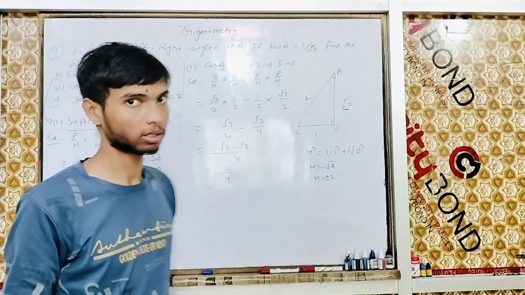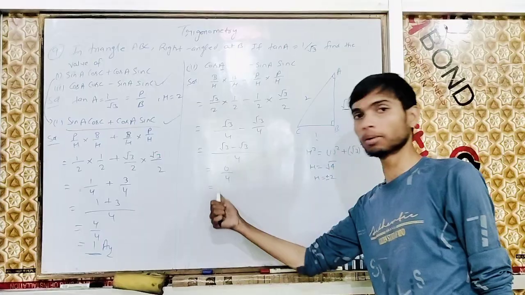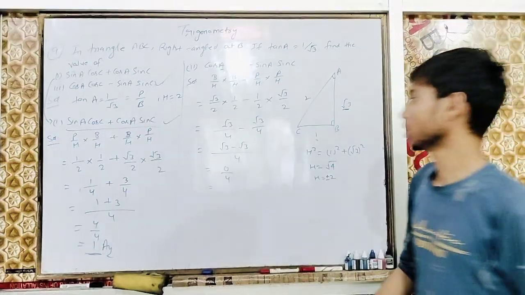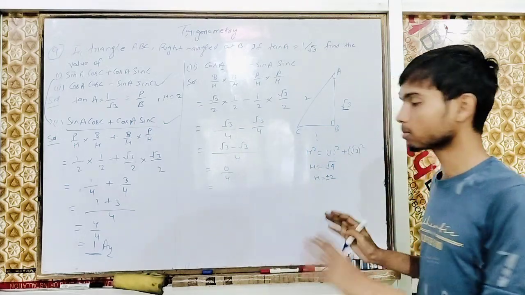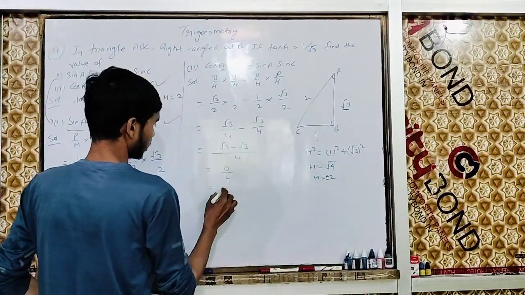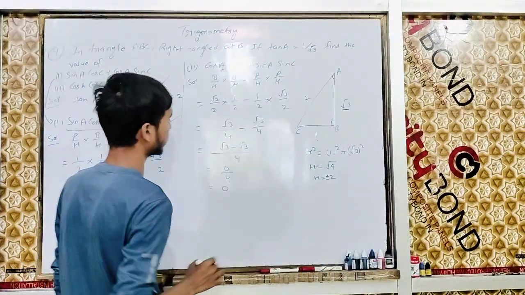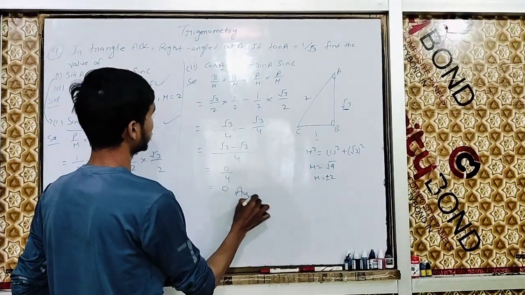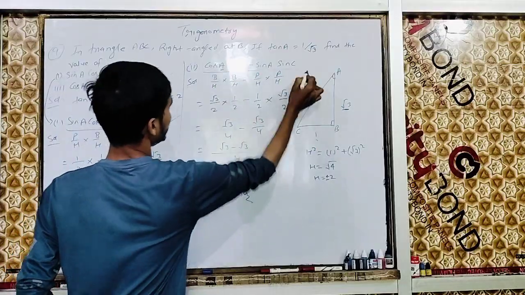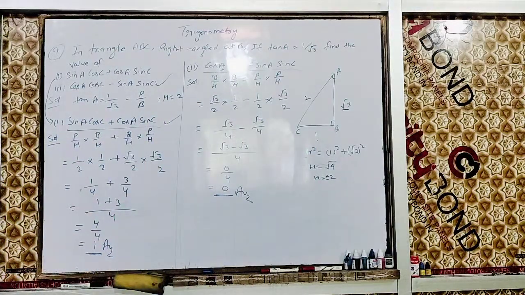If this were in the denominator, it would become infinity, but here 0 is in the numerator, so it becomes 0, not infinity. So our output came as 0. This is the answer for this question. That is how this type of question is solved. Just have a look for a few seconds.